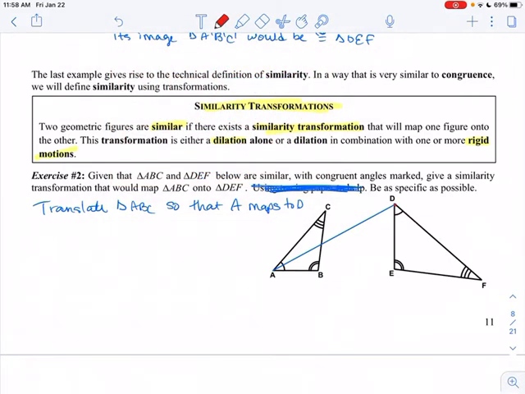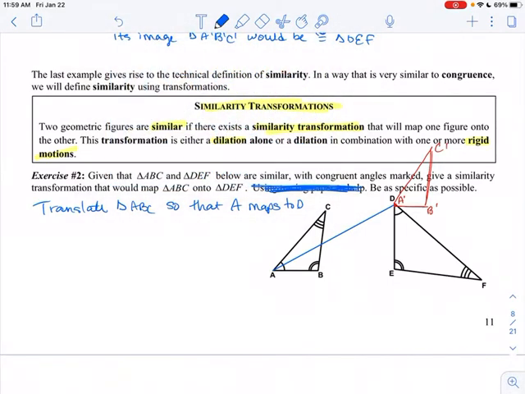So I'm going to have A up here, so they'll now be touching, and I can call that A prime. And then I'm just going to draw something that looks somewhat similar to that other one. Doesn't have to be exact. All right, so I'm going to translate the whole triangle so that A maps to D. And I drew it so you can see it, okay?